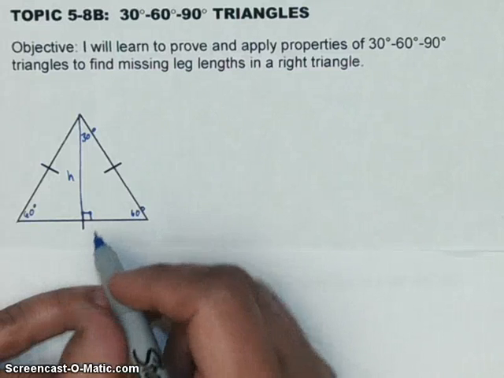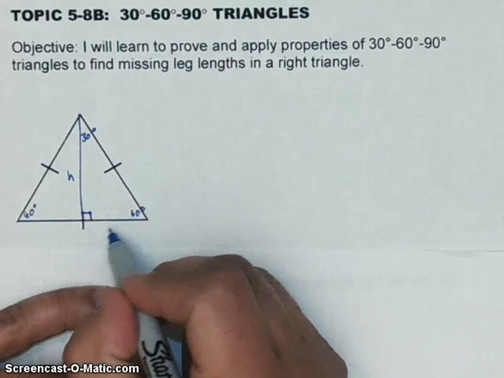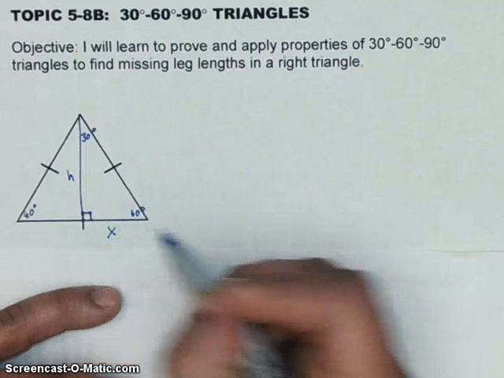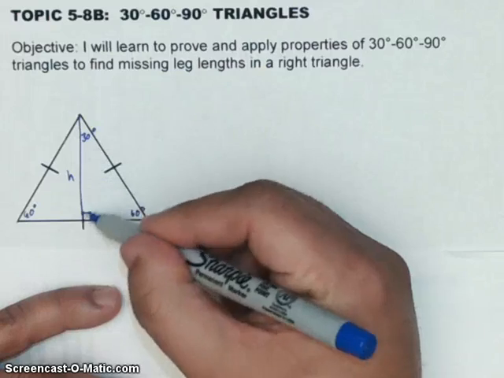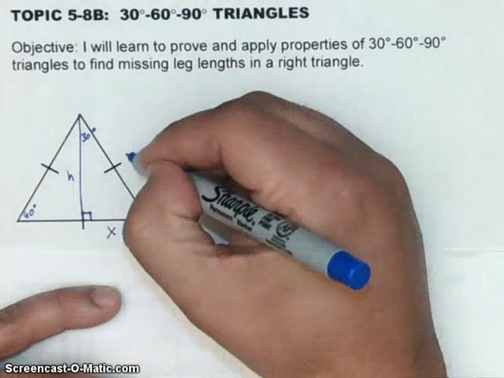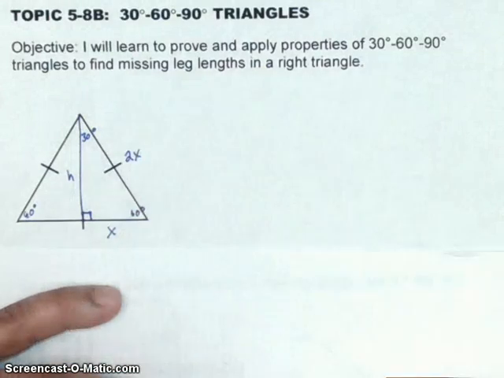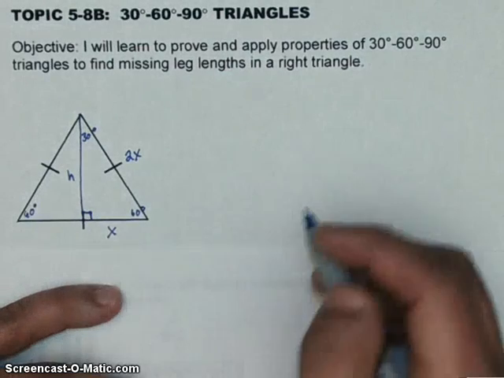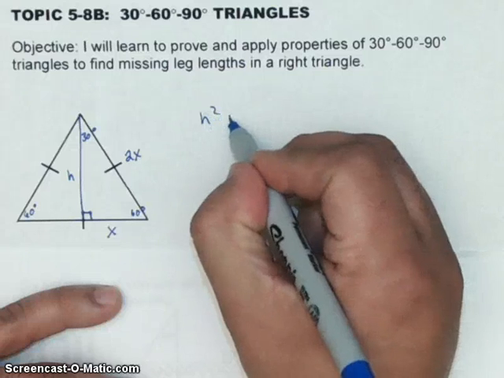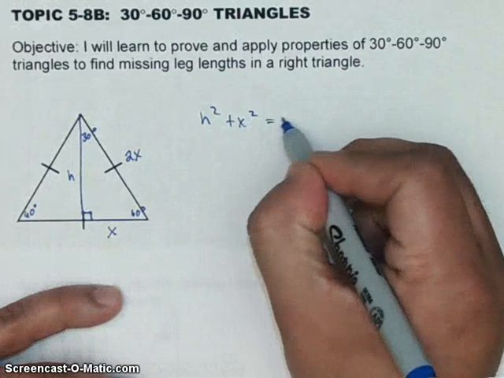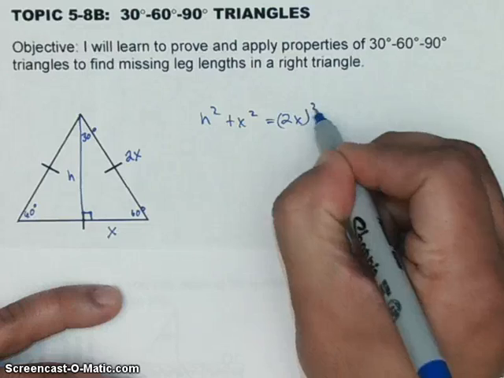Alright, so what I'm going to do is let this short side always be the x, which means since this height bisected the side, this one is going to be twice as big, so I'm going to label that as 2x. Using the Pythagorean theorem, h squared plus x squared is equal to (2x) squared.